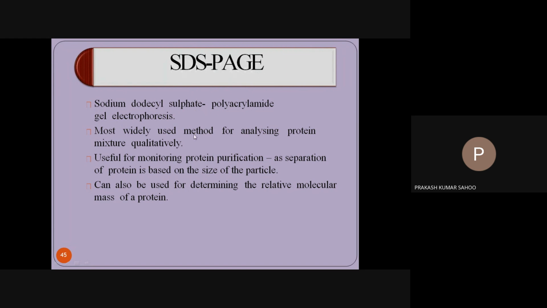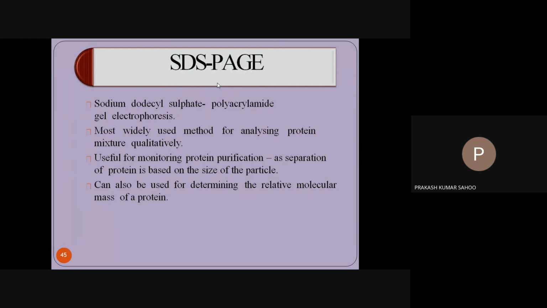The most widely used method for analyzing protein mixtures is useful for monitoring protein purification, as separation of protein is based on size of particle. It can also be used for determining the relative molecular mass of the protein. So just remember the full form of this, and this method is mostly used for the purification of the protein depending on the different size of the particles.